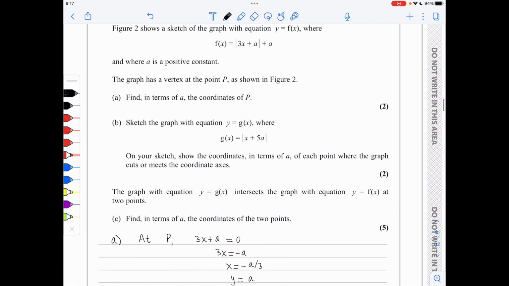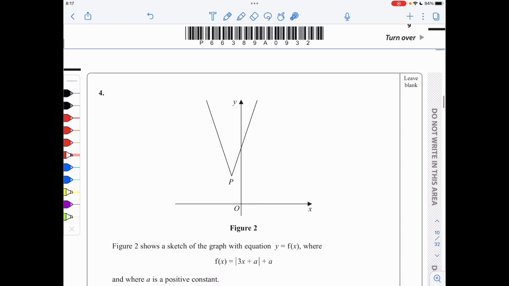And then in part B, we need to sketch g of x is the modulus of x + 5a. I will actually do some preparatory work before I actually consider g of x. I will go to f of x and I will identify each of the line segments with its equation which does not involve the modulus sign. So on the right, it's y = (3x + a) + a.